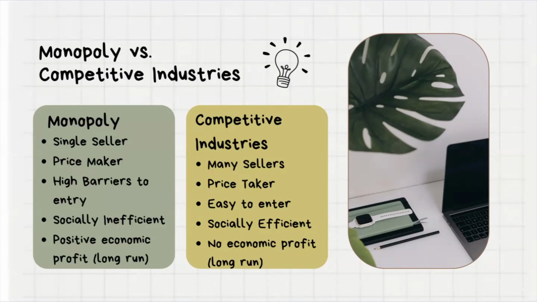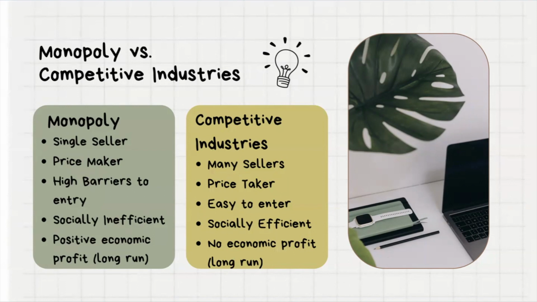High barriers to entry. There are barriers to enter the market. Socially inefficient. Without competition, monopoly is likely to become inefficient in their operations, leading to higher costs and lower quantity than would exist in a competitive market.